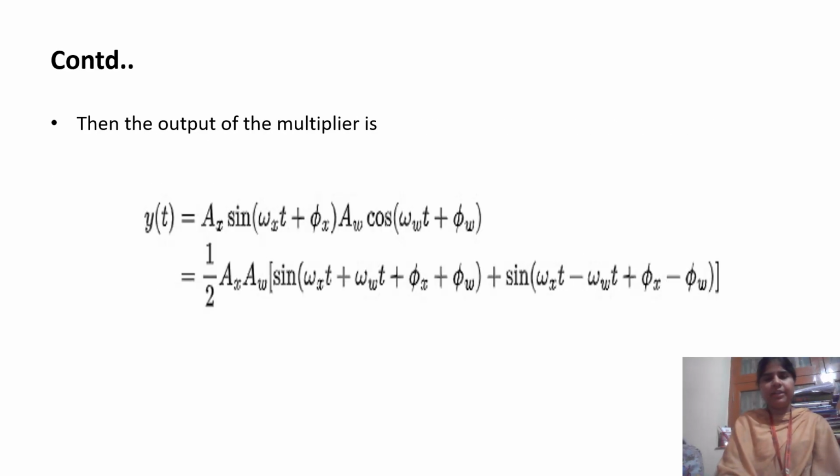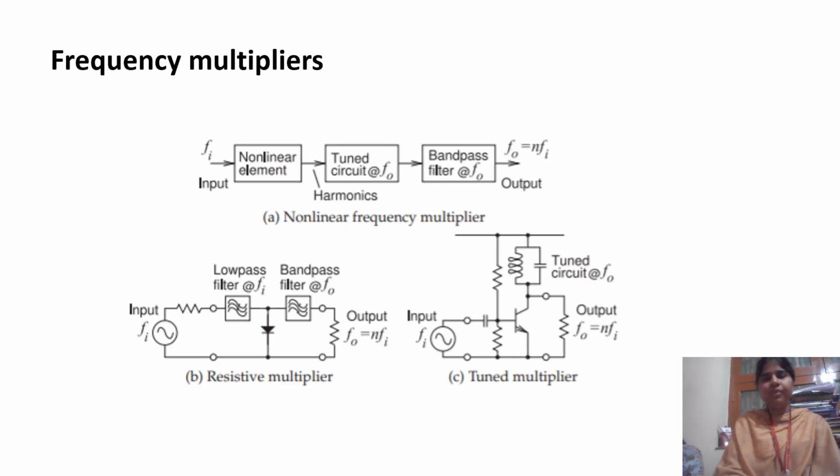Then the output of the multiplier is y of t equal to Ax sin(Wx t plus phi x) times Aw cos(Ww t plus phi w), which equals half of Ax Aw times sin((Wx plus Ww) t plus phi x plus phi w) plus sin((Wx minus Ww) t plus phi x minus phi w).